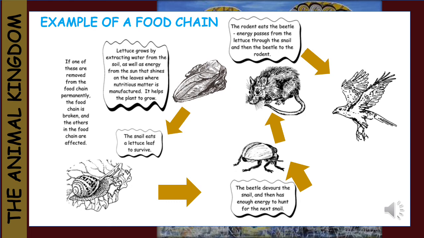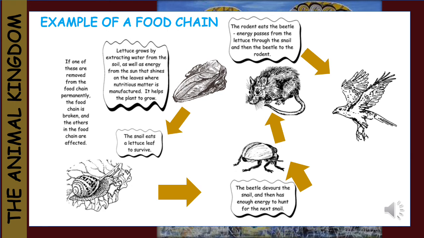Then the snail eats the lettuce leaf to survive. Along comes the beetle and devours the snail, and then he has enough energy to hunt for the next snail. While he is on the look for the next snail, a rodent eats the beetle. Energy is passed from the lettuce to the snail and then the beetle to the rodent.